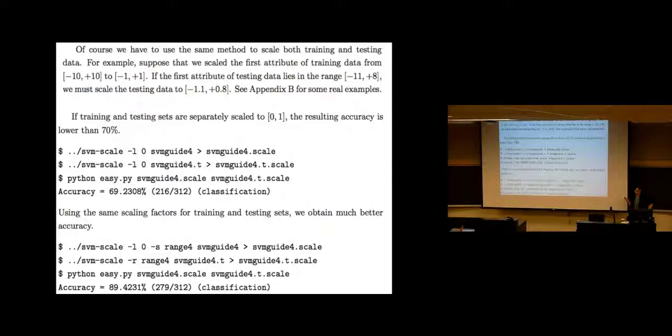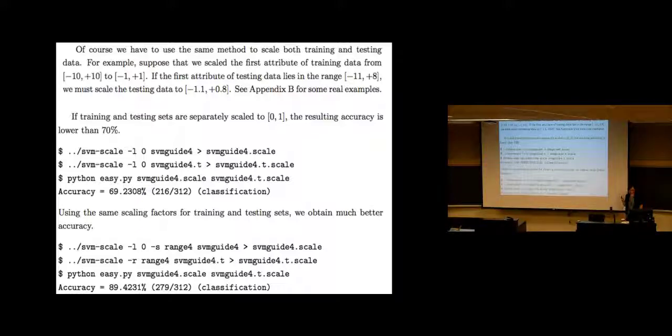In the SVM, it's very important to remember that you need to use the scale parameters you computed in training and apply those parameters to the test data. You should not learn a new set of scaling parameters on your test data and then apply them to the test. That will totally destroy your data.